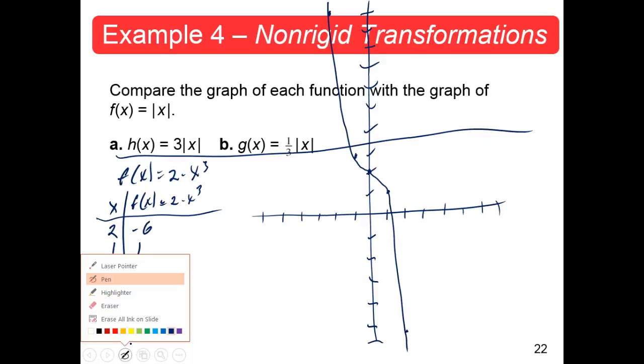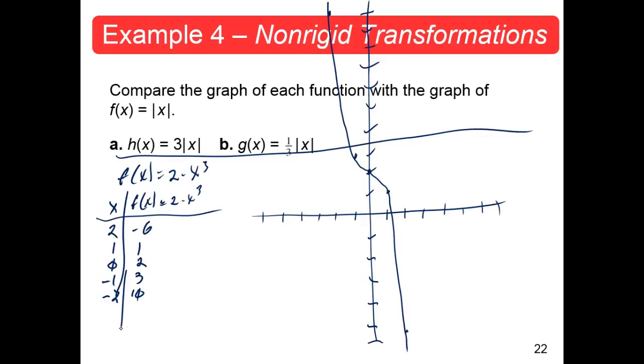Orange. Okay. So g of x, can you see that okay? g of x is f of 2x.